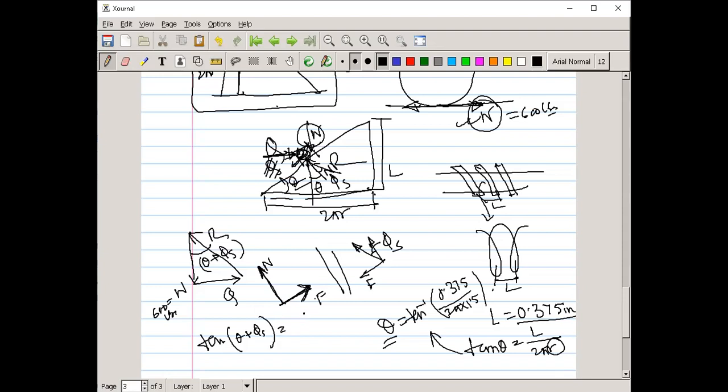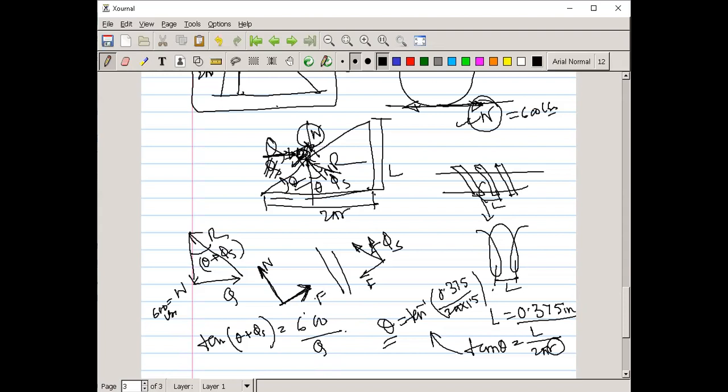How much? Tan of theta plus phi s is nothing but how much it is? Tell me. Six hundred divided by Q, right?